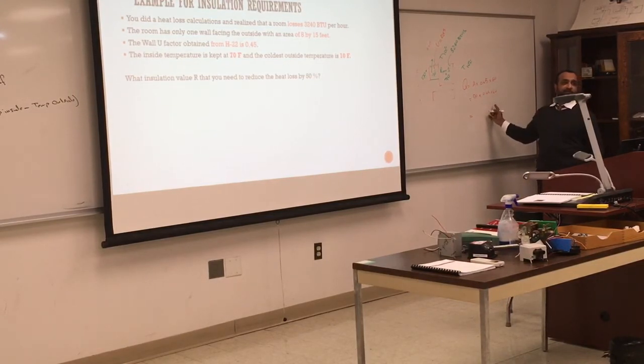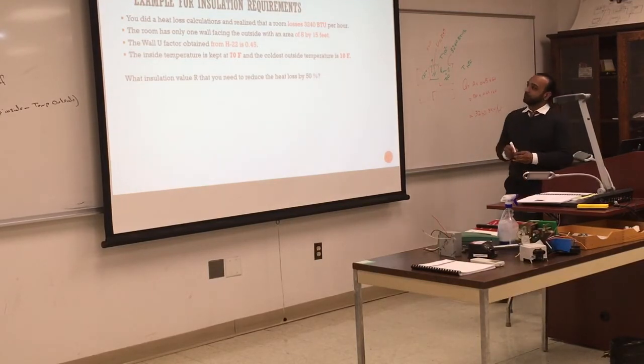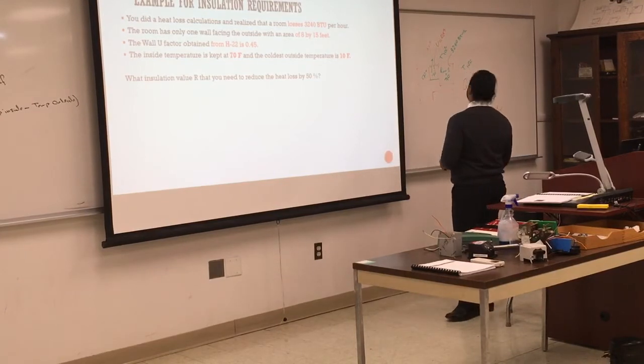Somebody with a calculator. What was it again? 120 times 0.45 times 60. How much? 3,240. Okay, so the calculation was correct.